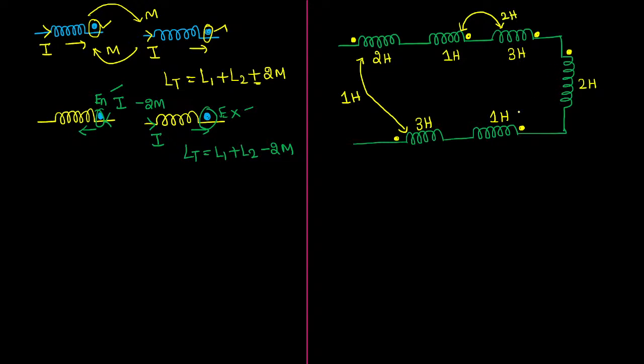Then between these two coils, this is 1 Henry, and between this coil and this coil, this is also 1 Henry. After giving all the data, they marked this as terminal A and this as terminal B. They asked us to calculate the total inductance offered by the network from the point LAB. Sir, how do I figure that out?